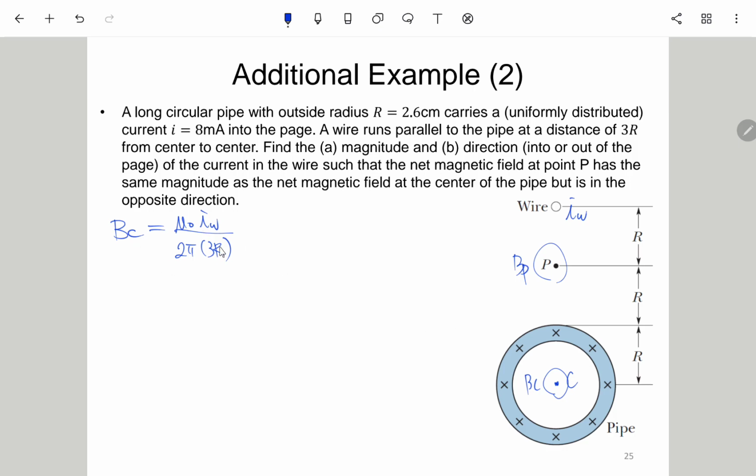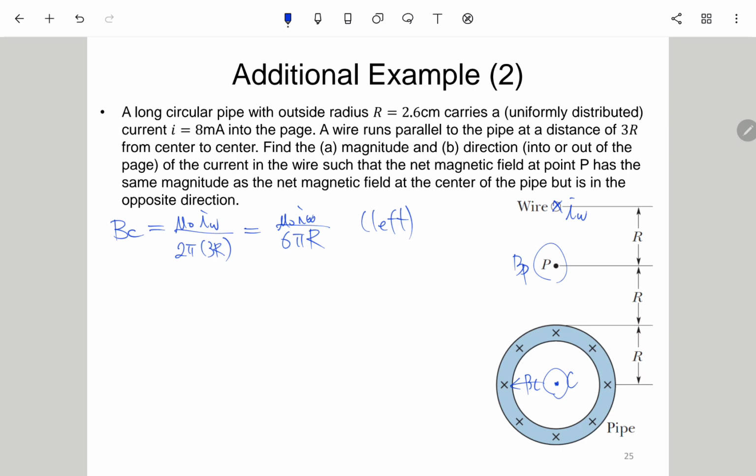So this is the expression, which is actually mu 0 IW over 6 pi R. This is easier for BC, and the direction is pointing to the left side. Pointing to the left side means we now assume that this IW is going into the page.